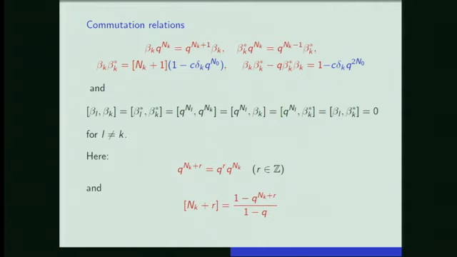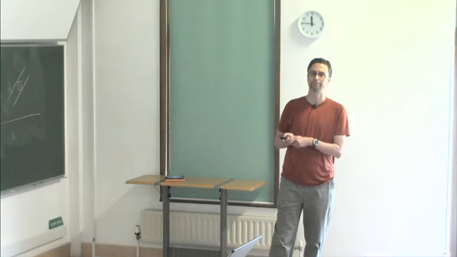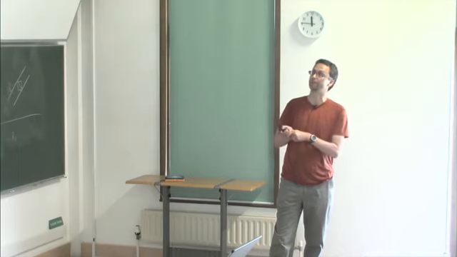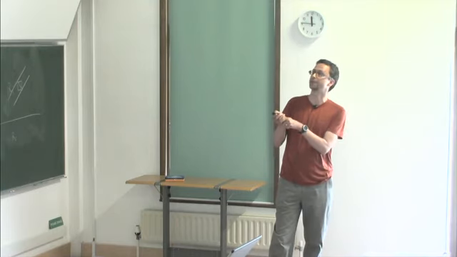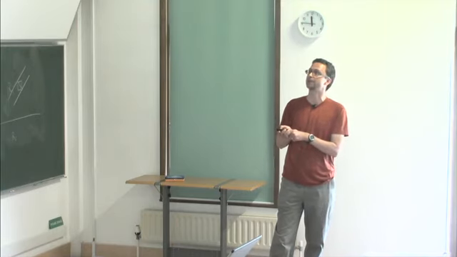Here is some other notation: this is the Q number of the number operator. It's easy to check this from the definition, but it's not so interesting for ourselves. Here you can see that this is really a representation of the Q oscillator algebra, deformed at the boundary with this constant C. If C is 0, then it's just the ordinary Q oscillator algebra.